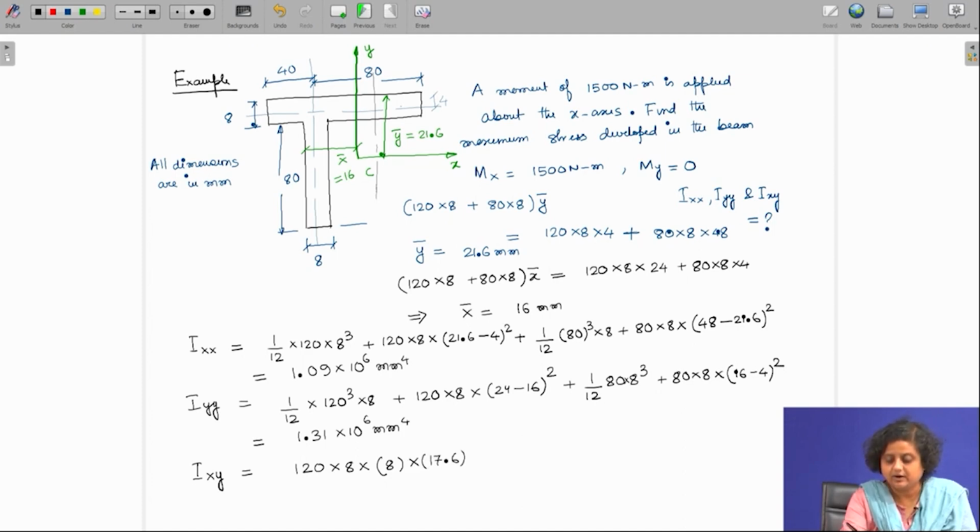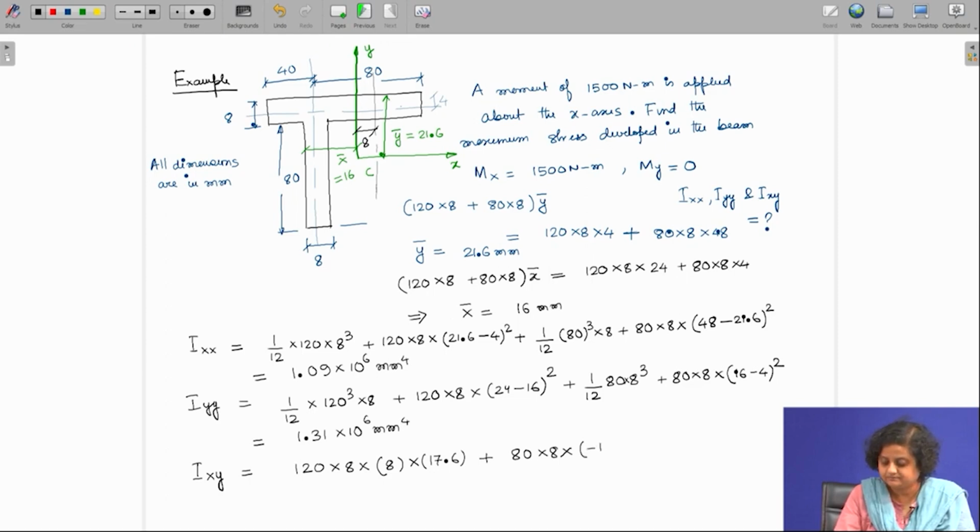So this centroid, this distance is 8 and this distance is 21 minus 4, which is 17.6. Both are positive.